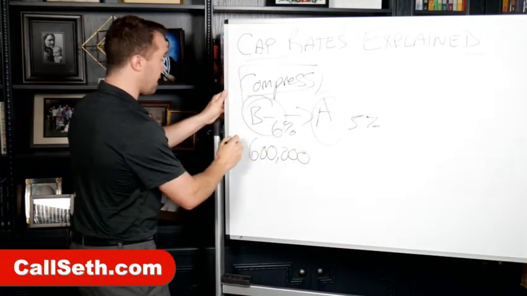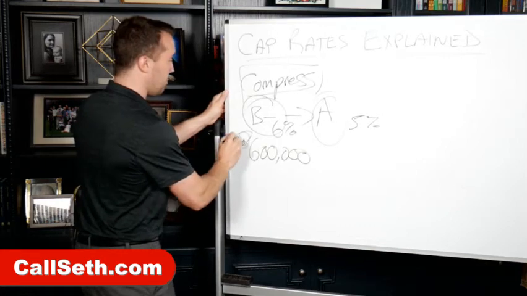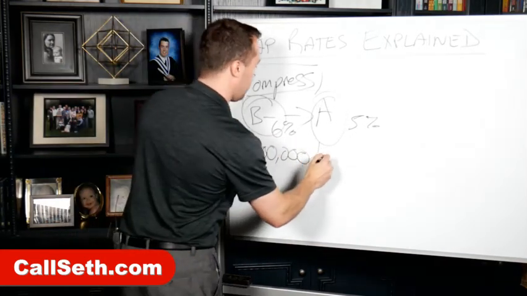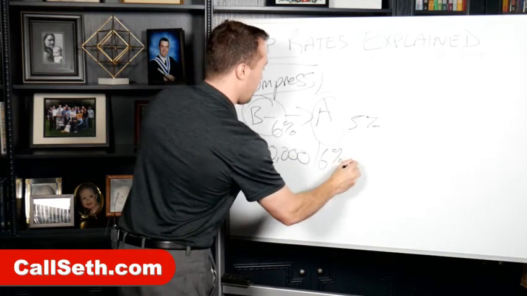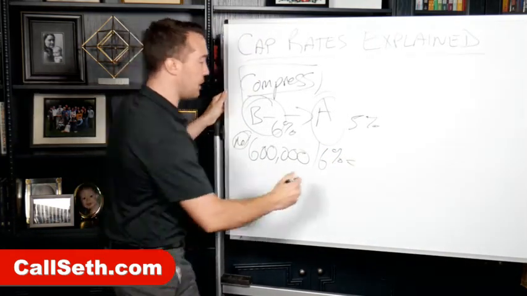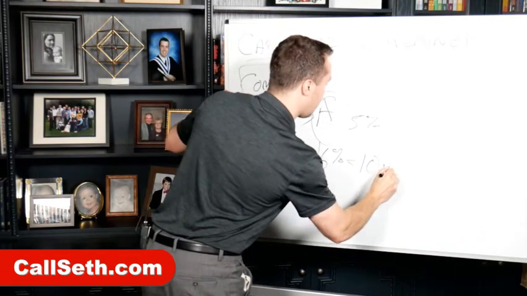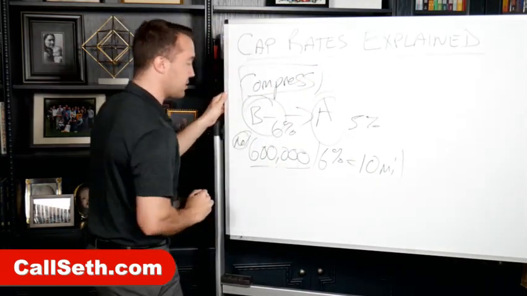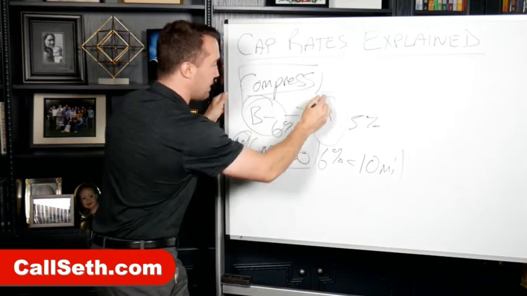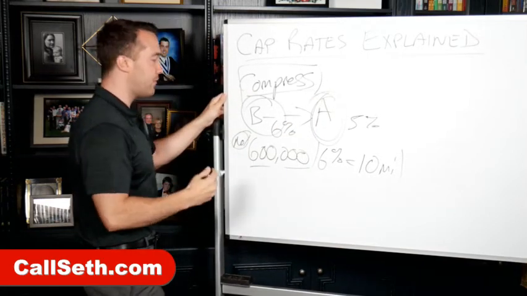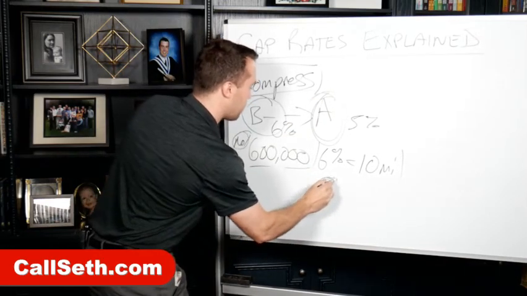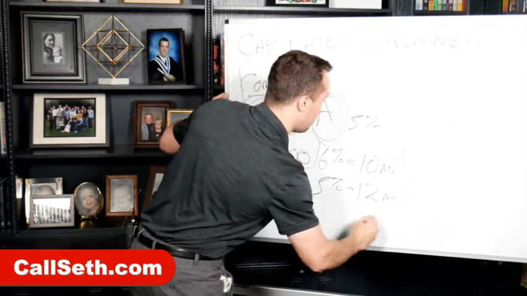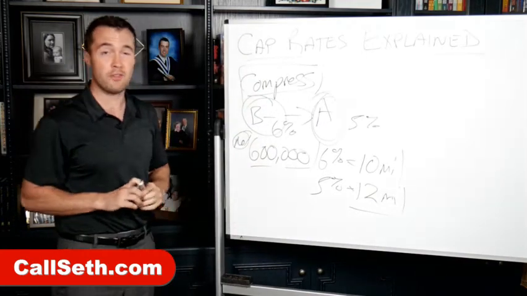So all we do is take our NOI of 600,000 and divide it by our cap rate of 6%, and that gives us a property value of $10 million. Again, I'm just making this up. Now, if we take the same NOI of 600,000 and apply it to our A property, beautified, with improvements, at 5%, that's a $2 million difference. That gives us a $12 million valuation.